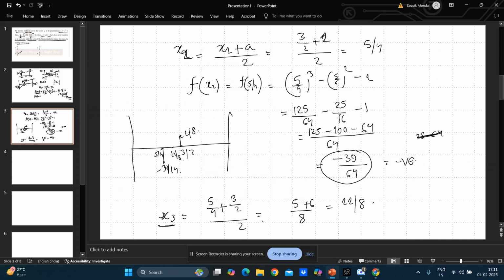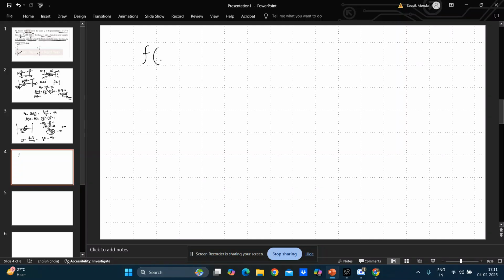In this question they asked for 3 iterations. Suppose they had asked for 4 iterations. Then you would have to calculate f(11/8). I don't know what it is, it is your job to calculate it. Suppose it is coming positive. Then what will be your next guess?